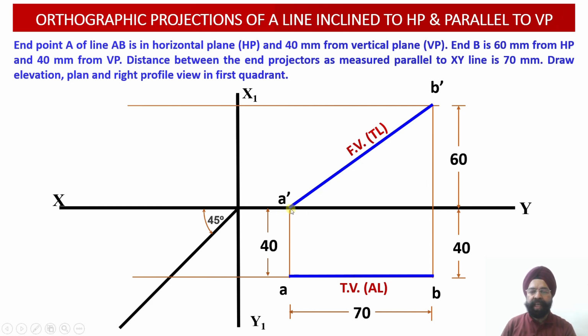Here we see the distance of the point A from the vertical plane is plus 40, that is 40 millimeter in front of the vertical plane. From this point A, we have to transfer this distance of 40 millimeter from the top view into the profile view projection. That is, this distance should be 40 millimeter, right?